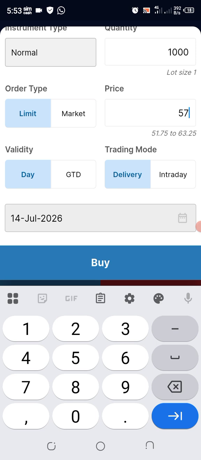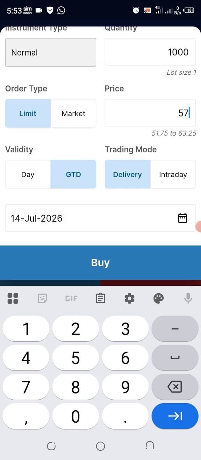Now if I say it is on a day, in 1 day, because the market is already closed at this particular moment, this day is going to start from the following trading day, not just the following day, the following trading day. Then by the end of that day, if I have not been able to buy these shares at that particular price, then that particular order will automatically cancel.